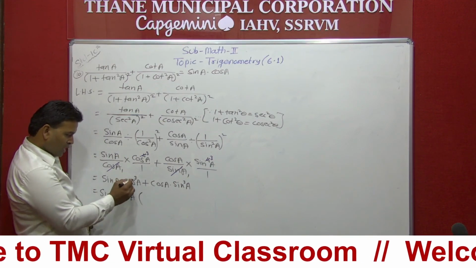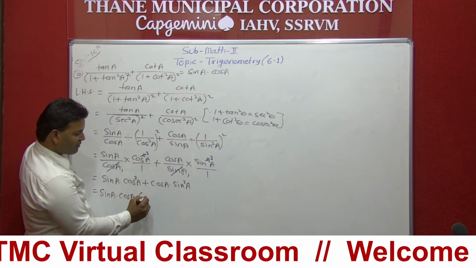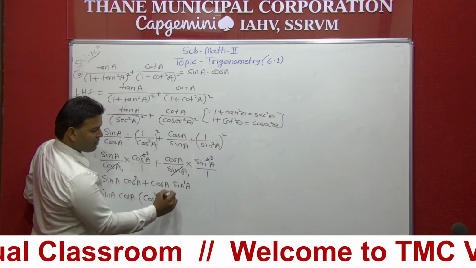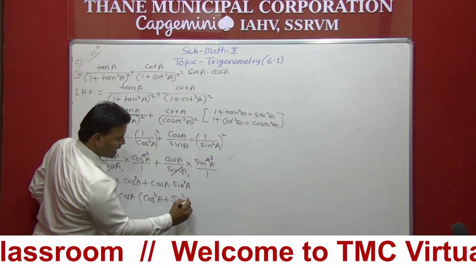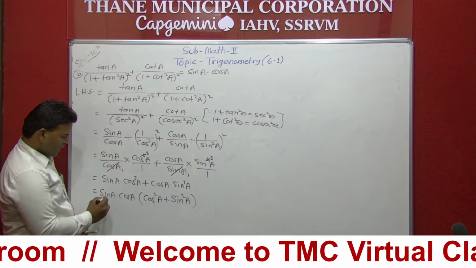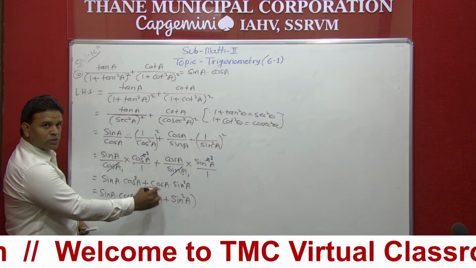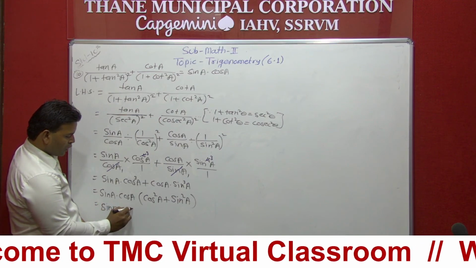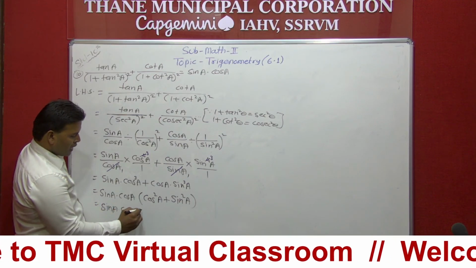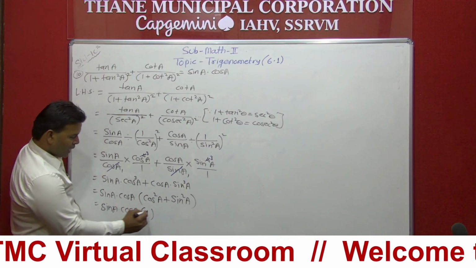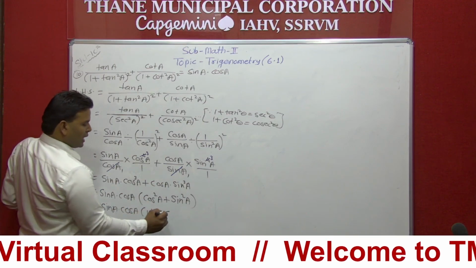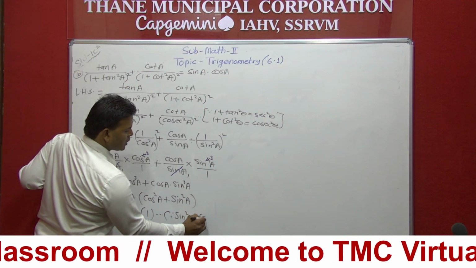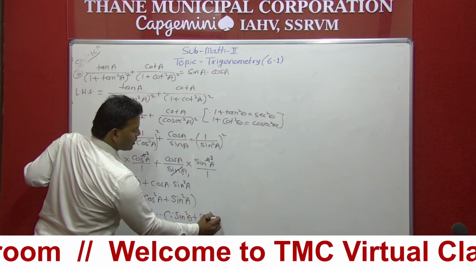Now here I have taken cos one time common, so I will be left with cos square A plus sin square A. Now sin square A plus cos square A is equal to 1. So here sin A dot cos A is equal to, here 1 will come, and here we have to write down the reason, that is the identity: since sin square theta plus cos square theta is equal to 1.